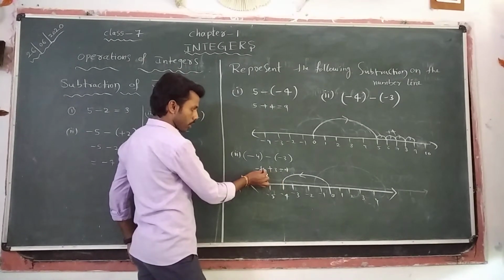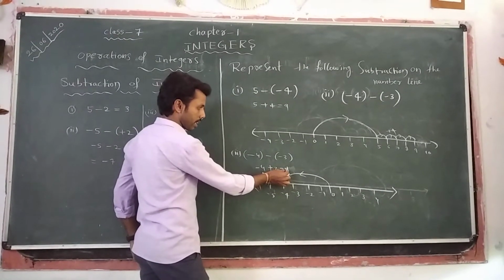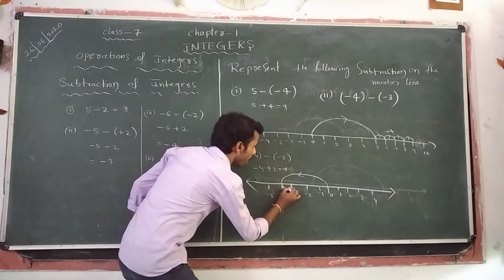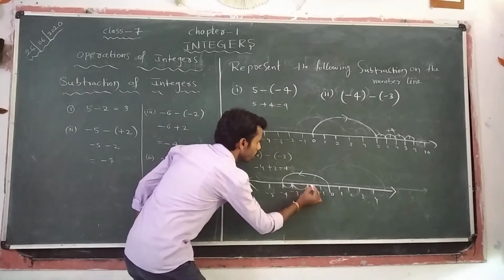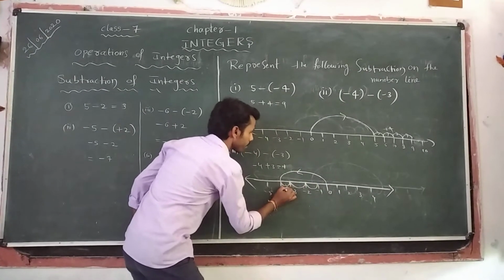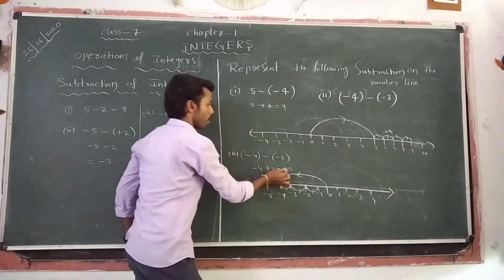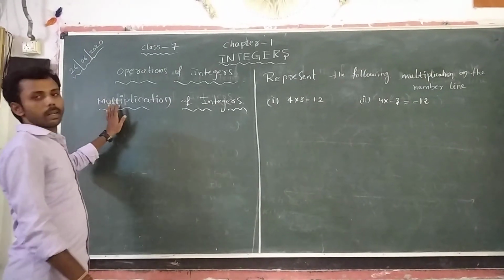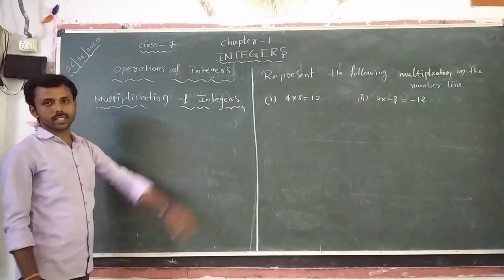Plus 3 is added to the minus 4, moving right: 1, 2, and 3. So we get the answer equal to minus 1.